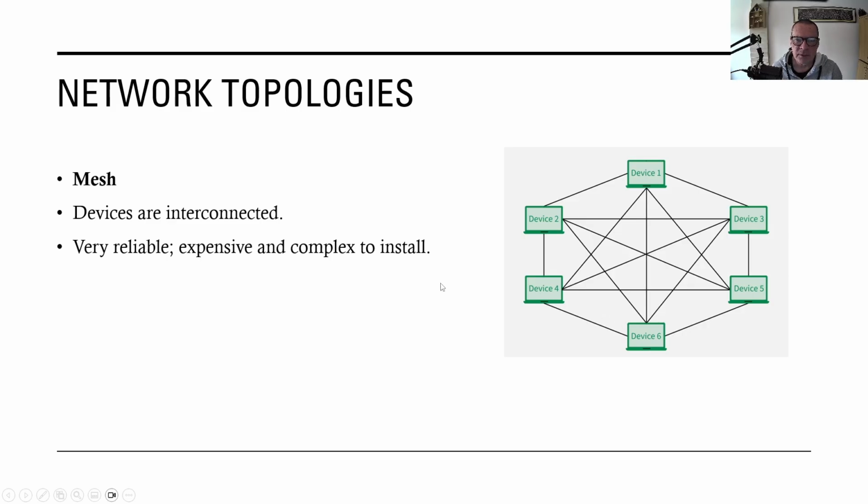And the main advantage of this particular kind of topology is it makes it extremely robust and reliable. Multiple lines could fail and devices can all talk to each other still. Obviously, eventually you're going to get to the point where some can't communicate, but it is the most robust of the topologies. It's expensive and complex to install though.